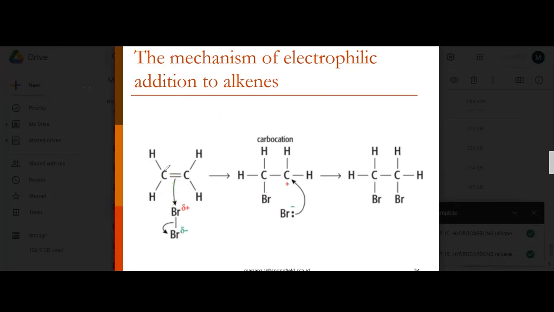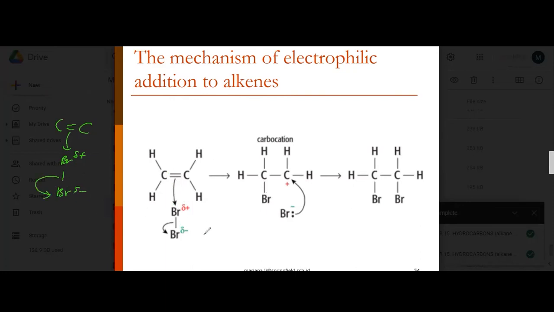Once again, this attacks the Br, and since it is attacked by the double bond, which makes a new bond with the C, heterolytic fission will occur in Br2.